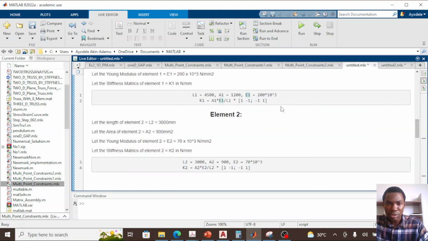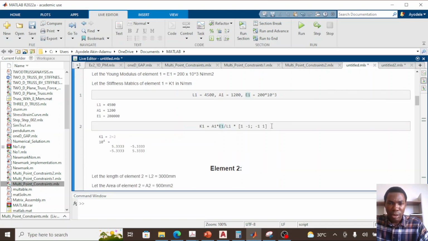When I click here and run the program, I can immediately calculate my stiffness matrix, which I term K1, using the stiffness matrix for a one-dimensional linear element. We know this formula now, so I don't need to display it here.